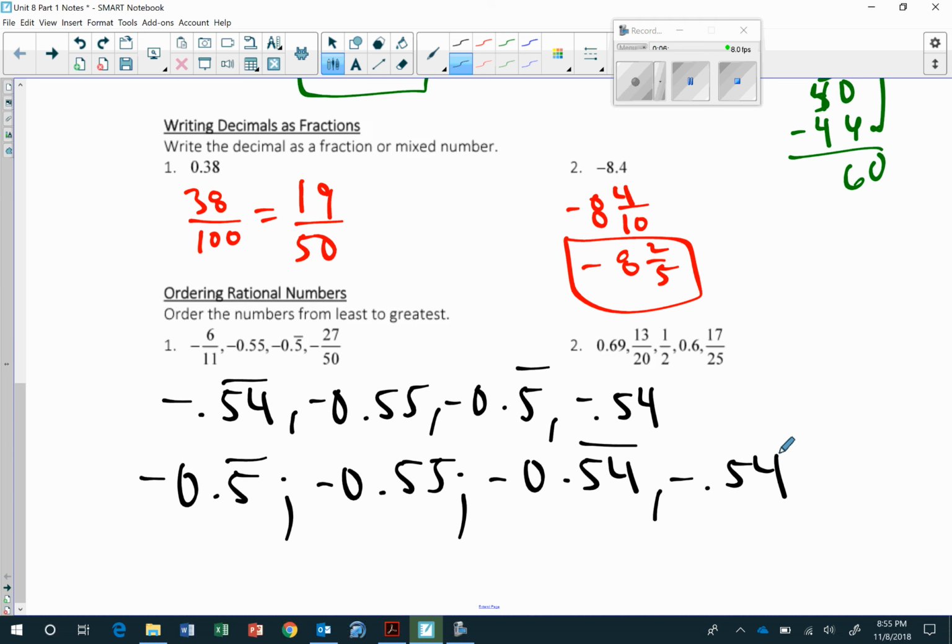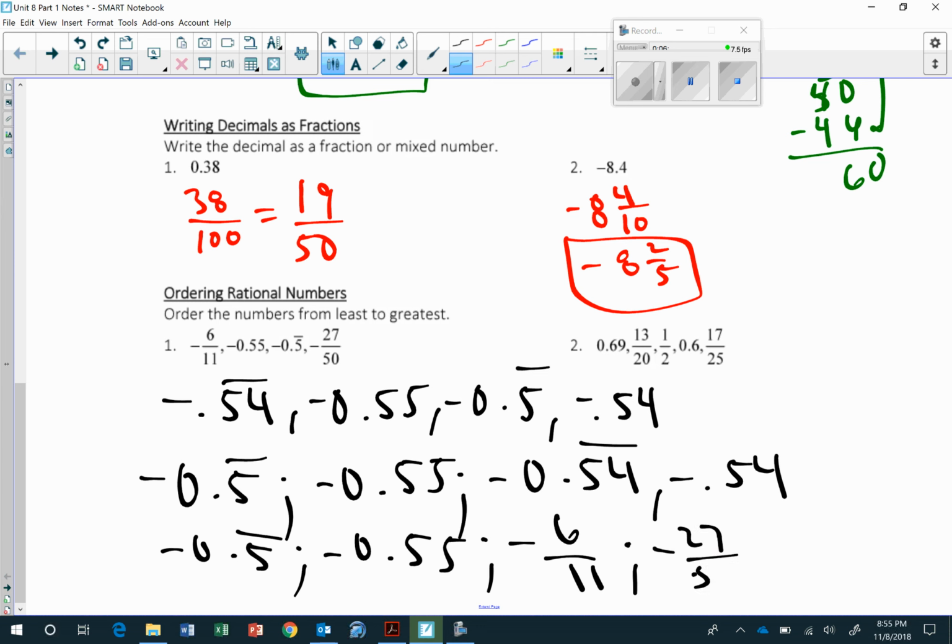The last step is to put them back in their original form. So negative 0.5 repeating stays like that. Negative 0.55 stays like that. But when I get to negative 0.54 repeating, I need to put it back in its original form, which was negative 6 over 11. And then for negative 0.54, its original form is negative 27 over 50.